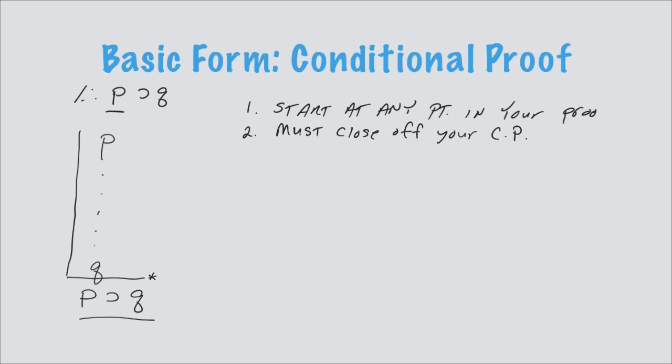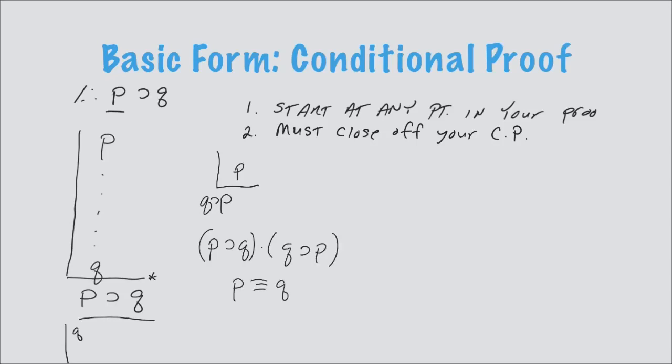So for instance, you could say P therefore Q, and then you could assume Q and start doing another conditional proof, where you might end up with P, and then you've got Q therefore P, and then you're going to put those together and then do biconditional exchange. So if your conclusion is a biconditional, oftentimes you may end up doing 2 separate conditional proofs for each half of that biconditional, or what ultimately become the biconditional, each of the 2 halves.